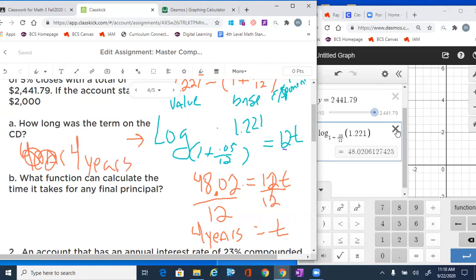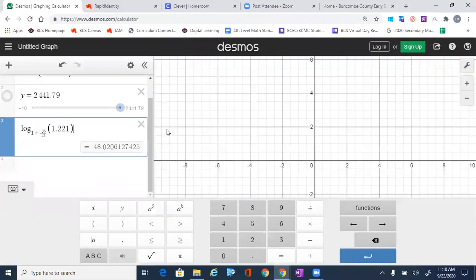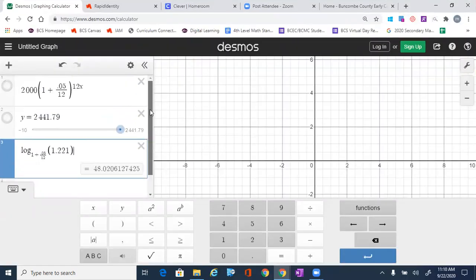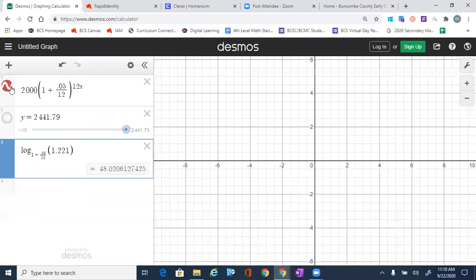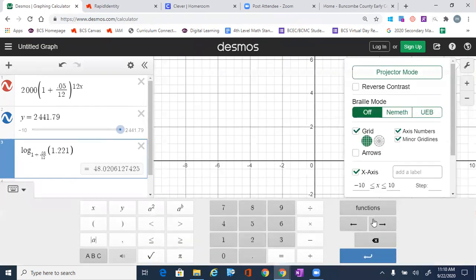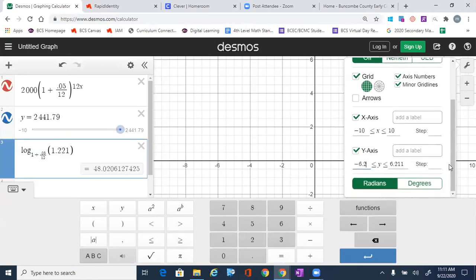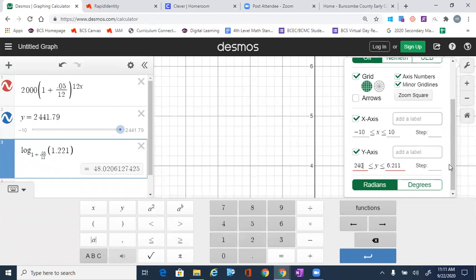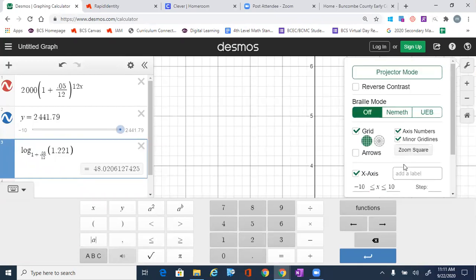One thing we do want to do is check our work, and I went ahead and typed it into Desmos to make this a little bit quicker. I came up to the top, I put in the formula, and then I put in the value 2,441. Now, you're not going to see it show up because the y value is at 2,441. So I'm going to go to the wrench, go to the y, and plug in that I need this between 2,400 and 2,500.